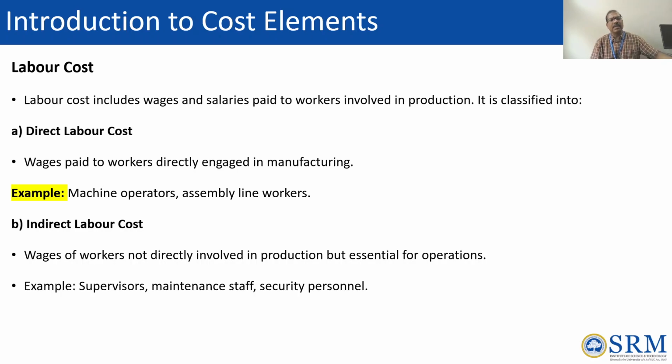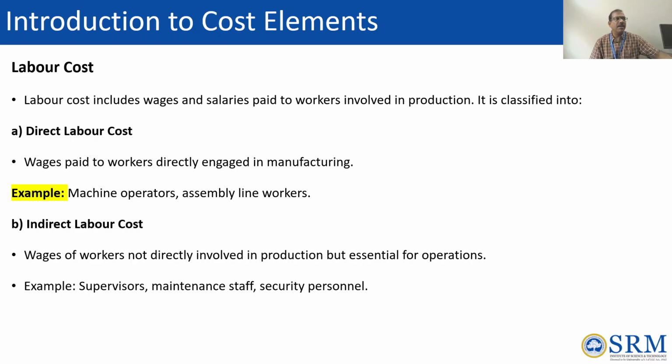Then what is indirect labor cost? Wages of workers not directly involved in production but essential for operation, like supervisors, maintenance staff, security personnel. They are also needed for the industry in order to oversee the production or the manufacturing. The supervisor is needed to monitor whether the workforce is doing their task as per the required number.